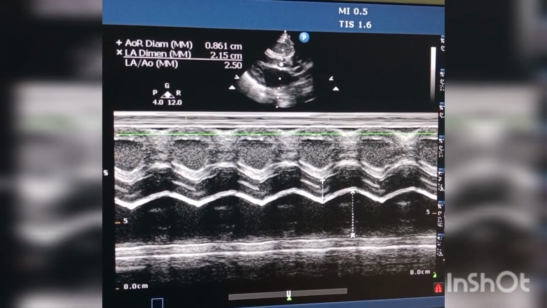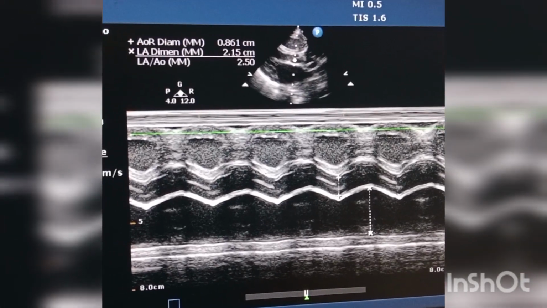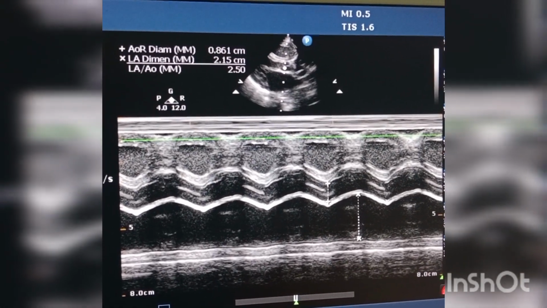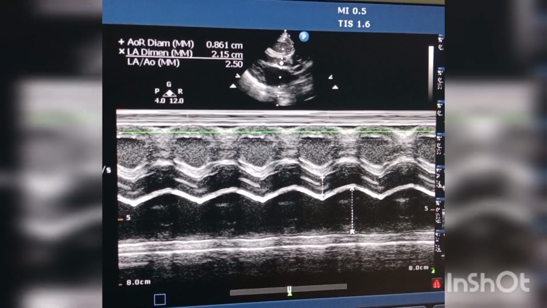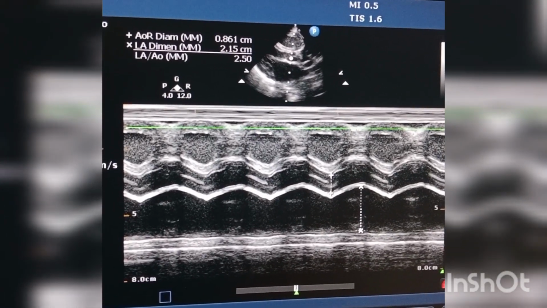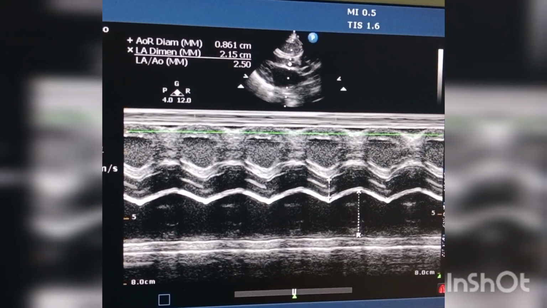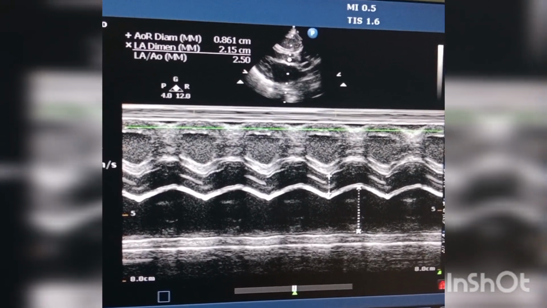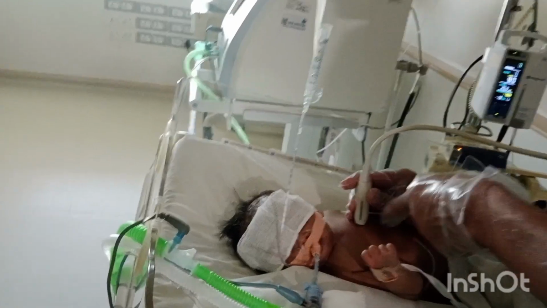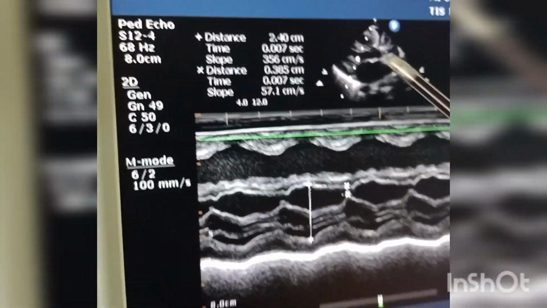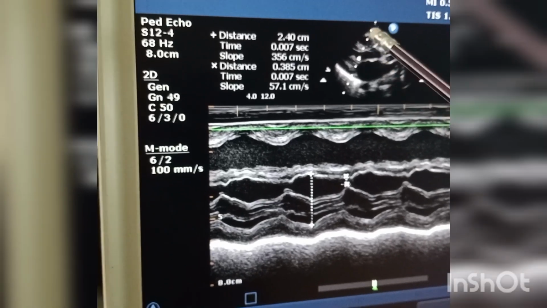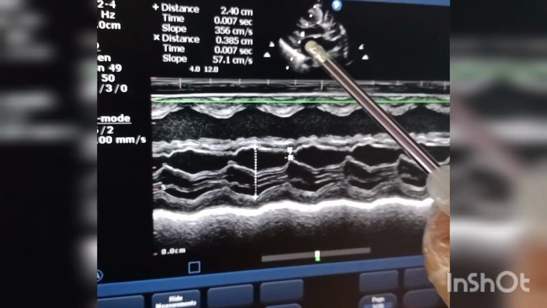Normally when it exceeds 1.4, then definitely it becomes very significant. This is again one of the important indicators that there is too much blood from the lung entering into the left heart. So again, I'm keeping the probe. Now you can see I'm cutting the anterior leaflet of the mitral valve parallel to the long axis.